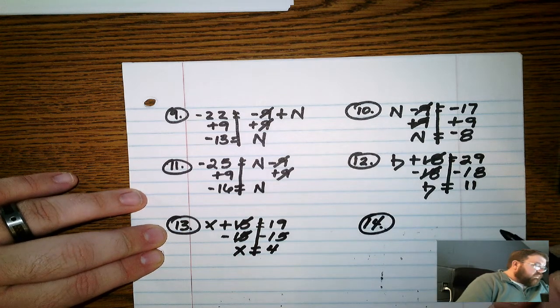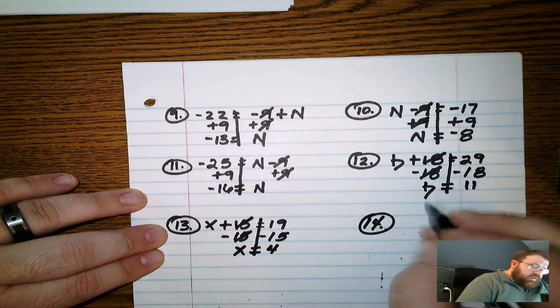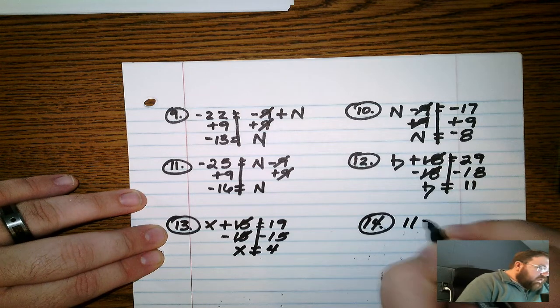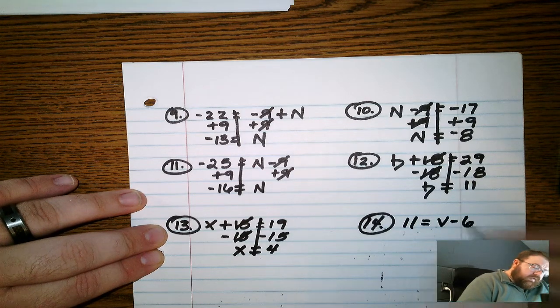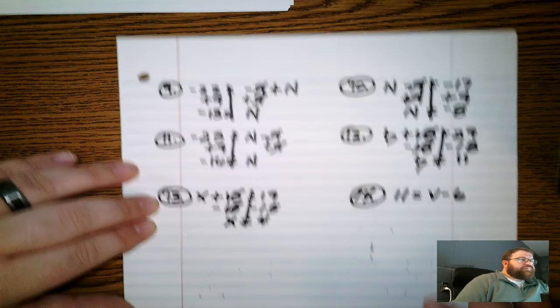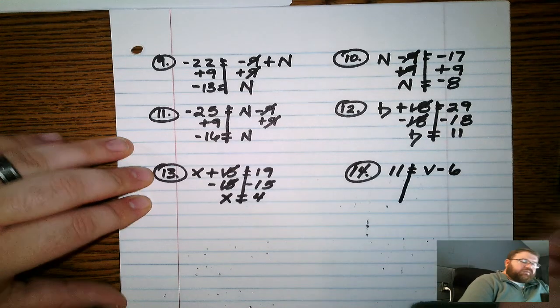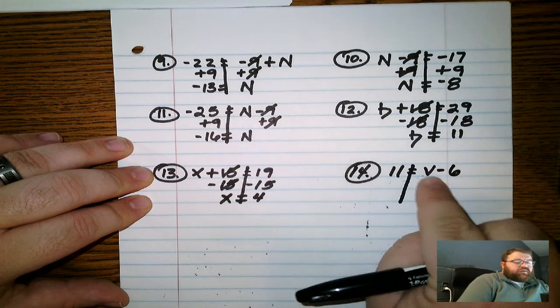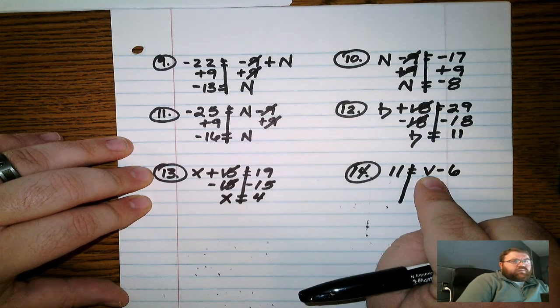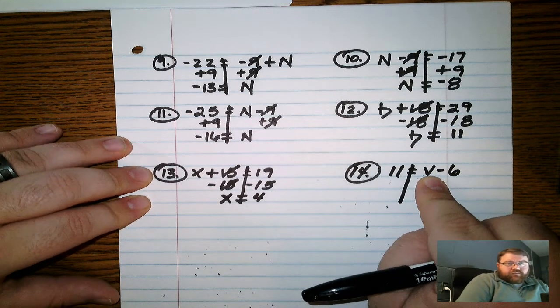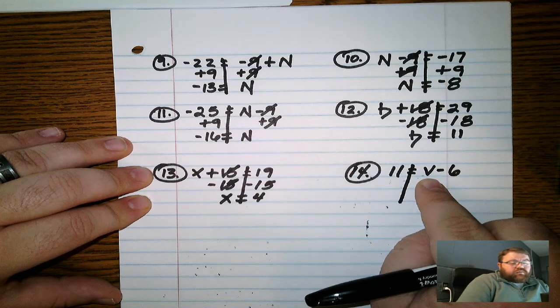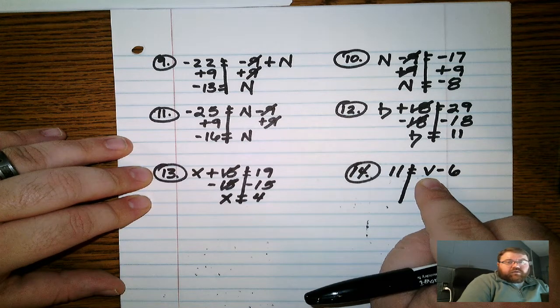Number 14 is 11 equals v minus 6. I'm going to draw my line. Remember, your goal is to get your variable by itself. To do that, you have to ask yourself what is being done to your variable.